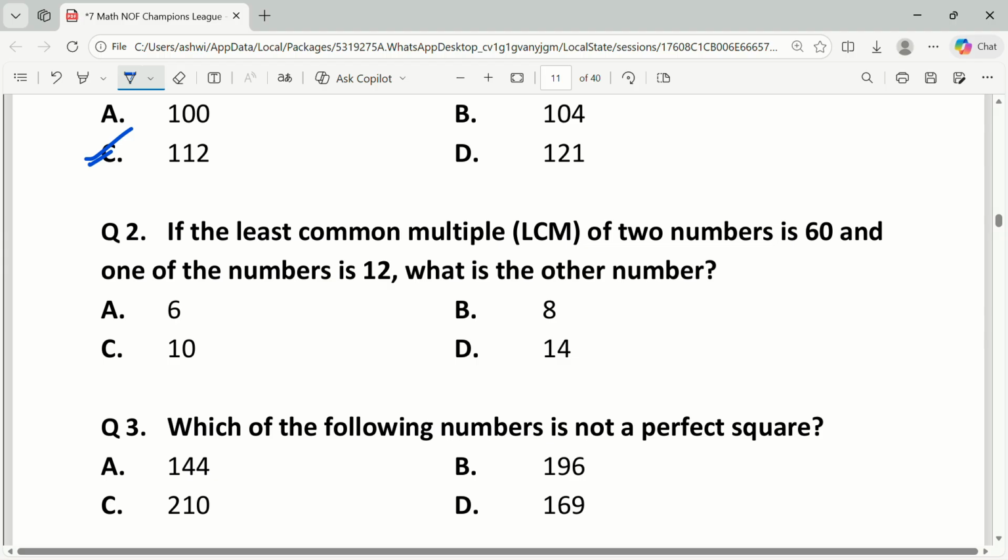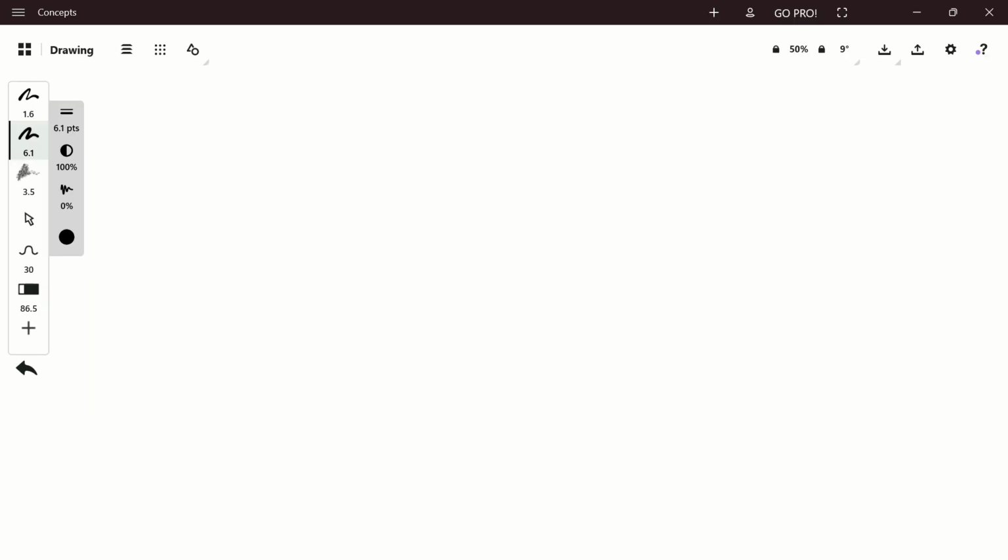If the least common multiple LCM of two numbers is 60 and one of the numbers is 12, what is the other number? The product of two numbers is equal to the product of their LCM and GCD, greatest common divisor.